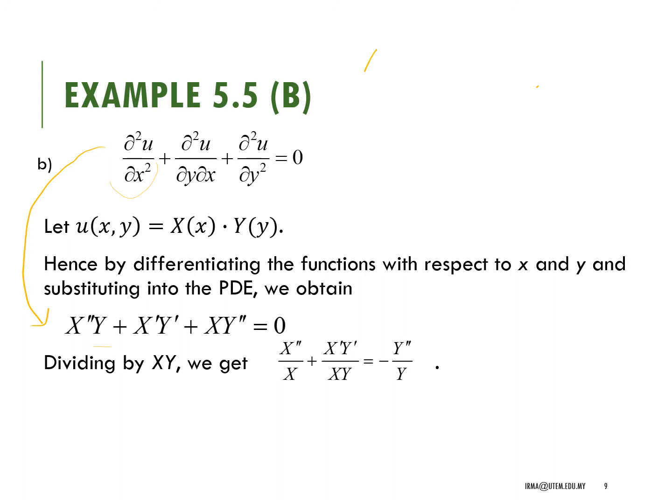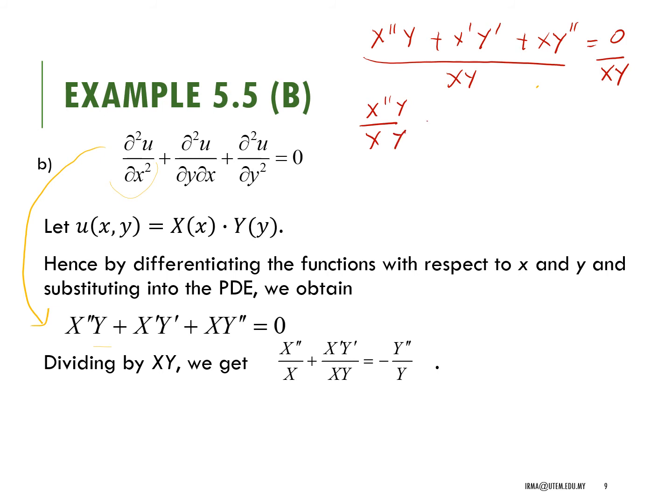I will just write over here, in different colors, x double prime y plus x prime y prime plus xy double prime equal to 0. Both sides I will divide by xy.